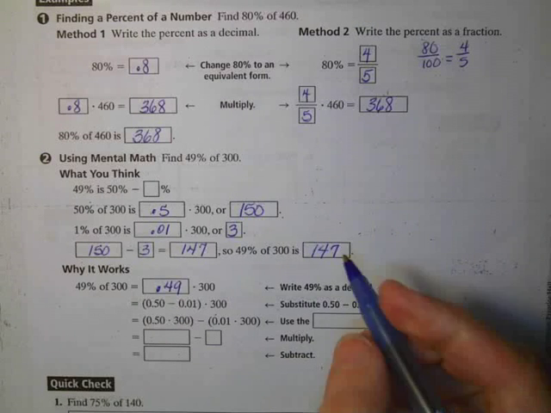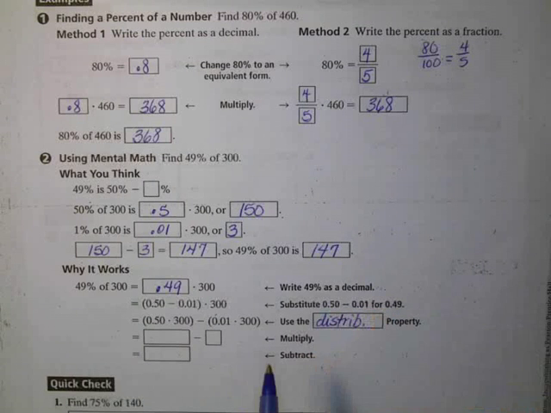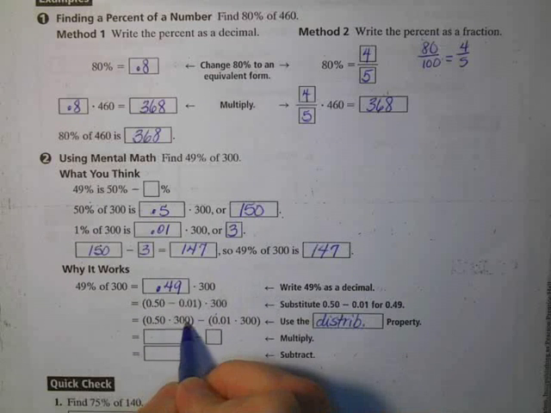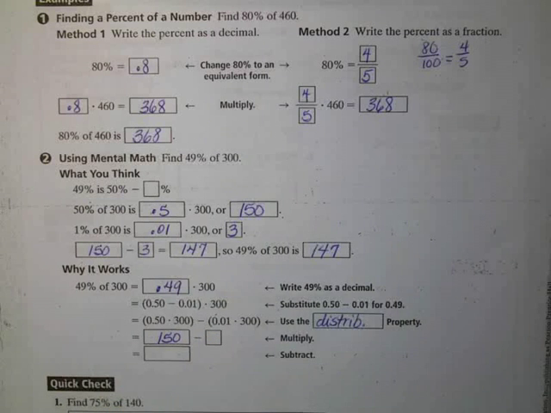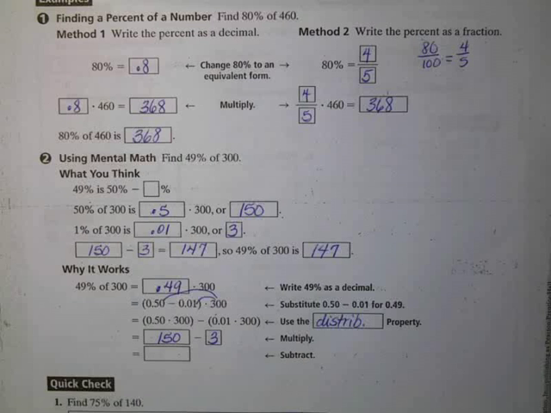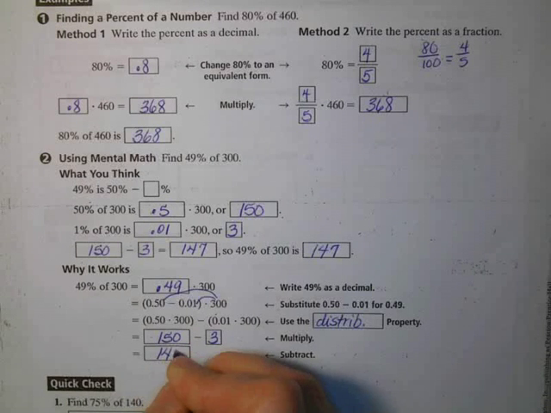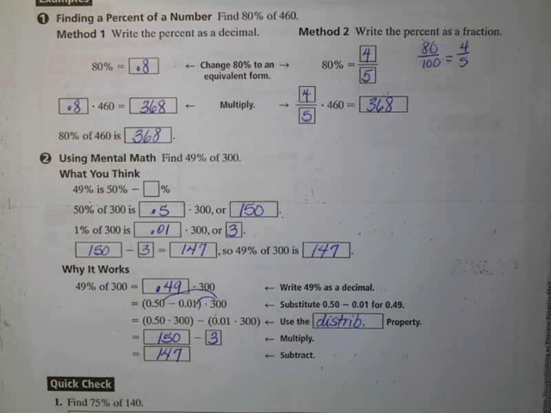Then we can use the distributive property by taking 0.50 times 300, or 50%, or 1/2 of 300, and getting 150. Again, I'm just distributing. Then my second, 1/100th times 300 is 3. 150 minus 3 is 147. So it works.